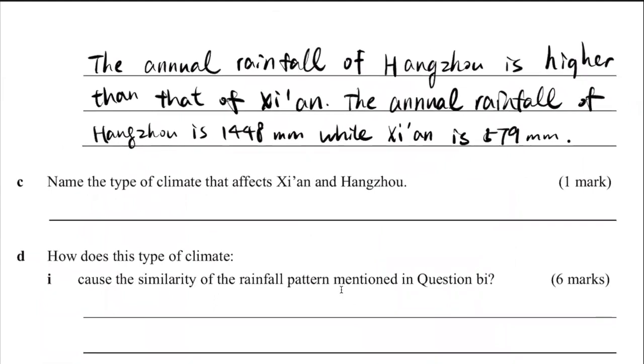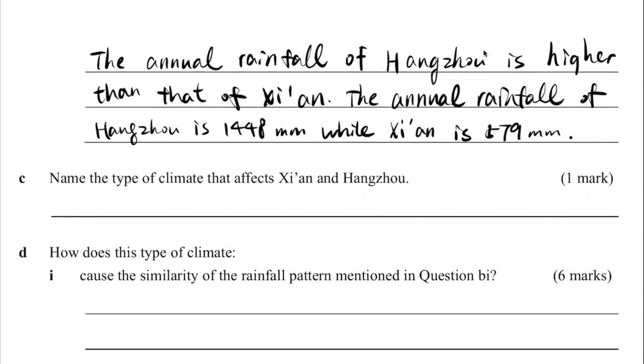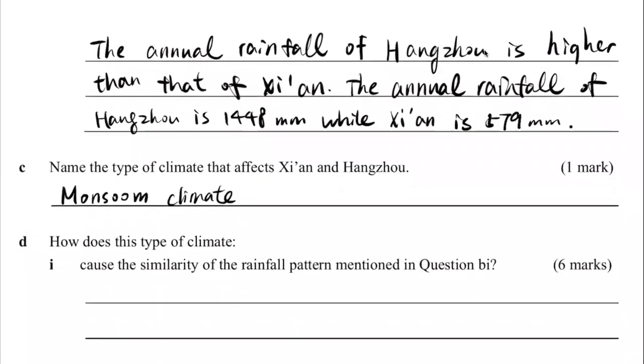Next, name the type of climate that affects Xi'an and Hangzhou. That's something we've learned in the lesson, but you may not realize that. It's called the monsoon climate. What you should know is the climate that affects Hong Kong as well.